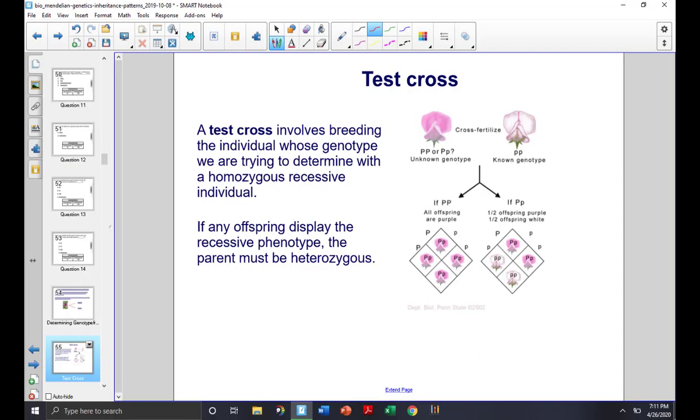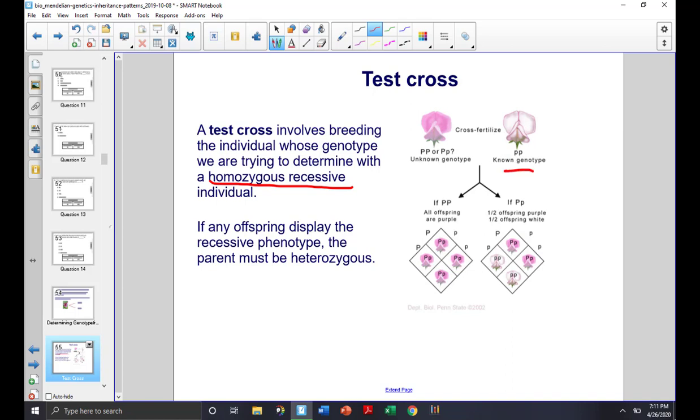Test cross. A test cross involves breeding the individual whose genotype we are trying to determine with a homozygous recessive individual. We know the genotype of a homozygous recessive individual. In this case, white is recessive to purple, so if we have a white individual, it must be little p.